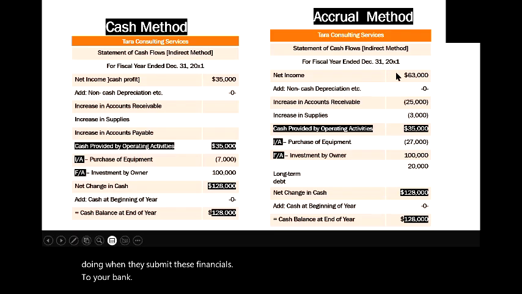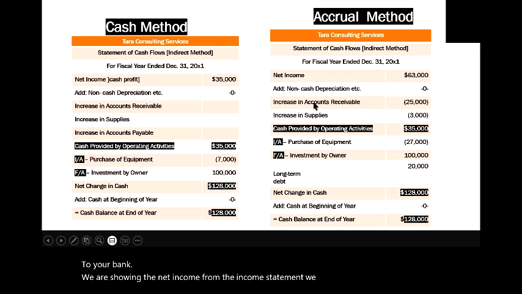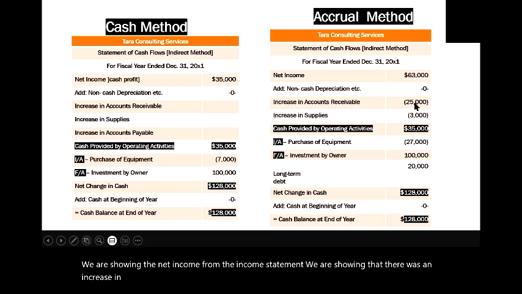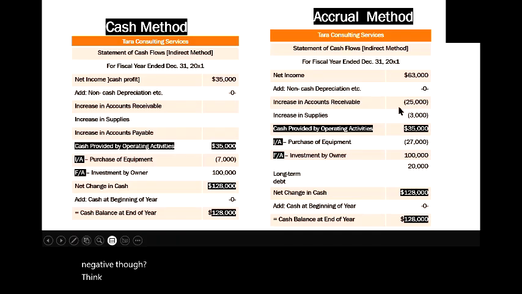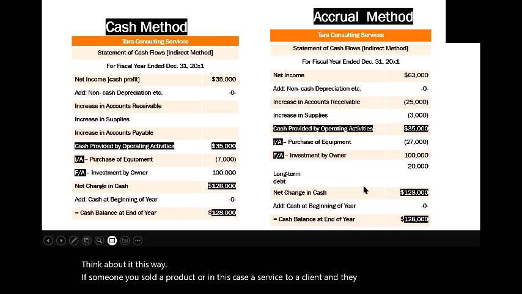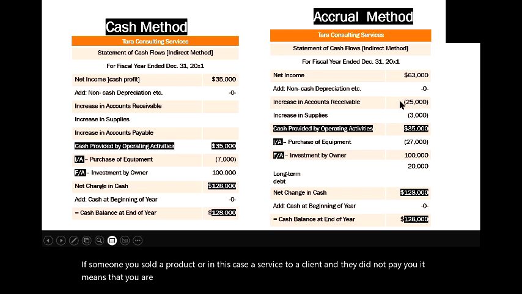So we are showing the net income from the income statement. We are showing that there was an increase in accounts receivable compared to the beginning of the year. Why is this reported as a negative though? Well, think about it this way. If you sold a product, or in this case a service, to a client, and they did not pay you, it means that you are funding that transaction.